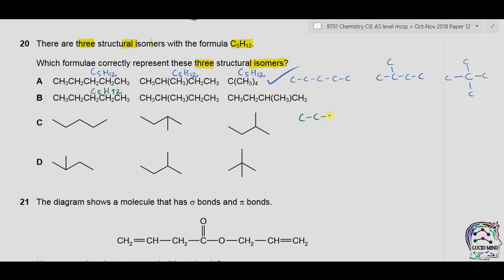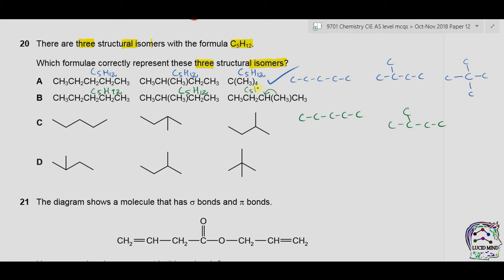Structure will be like this. Then we have 5 carbon atoms and 1 carbon is in the form of a branch as the long chain consists of 4 carbon atoms. This is also a correct structural formula. In the third one, again we have 5 carbon atoms and this carbon is present as a substituent on this carbon atom.